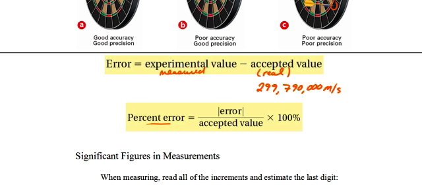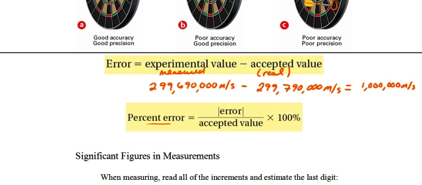Let's just say we made a measurement that was 299,690,000 meters per second. All right. When you subtract those two, you are actually off by a whole million meters per second. So your error is 1 million meters per second, not 100 million. It's 1 million meters per second.